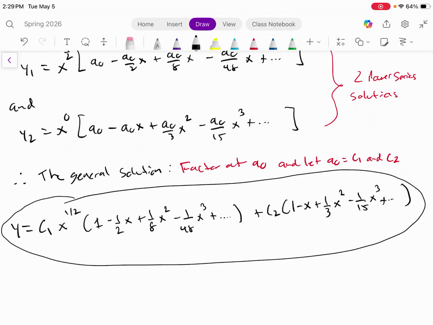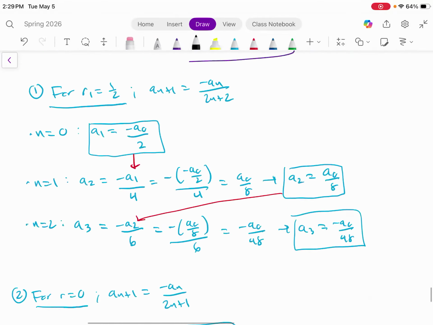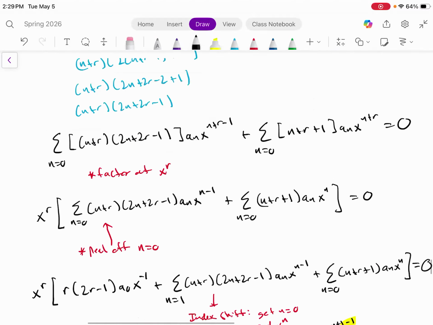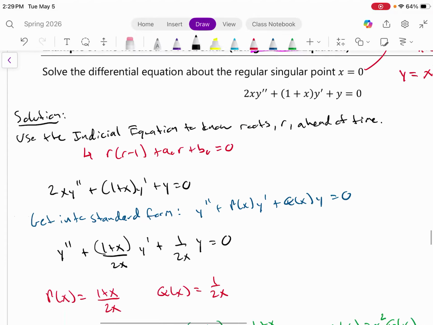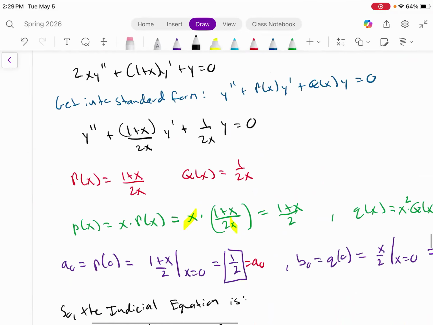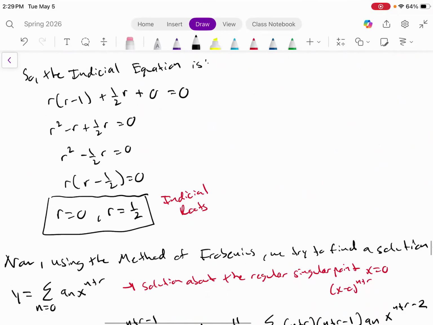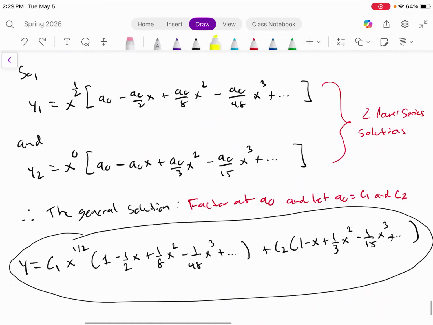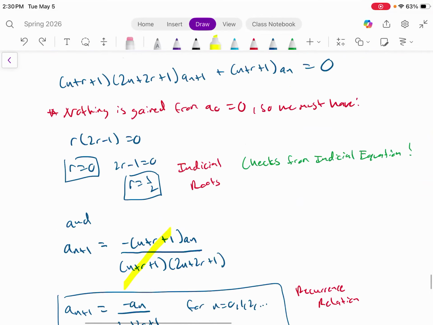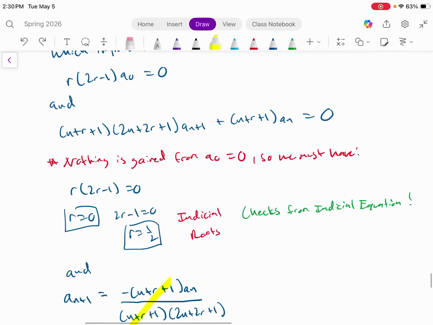So just to recap, very long problem. Thank you for staying with it. A little bit of a difference is that we used this initial equation to figure out what our roots are ahead of time. Then when we started doing the problem, we saw that we got those same roots, which means we were on the right track.